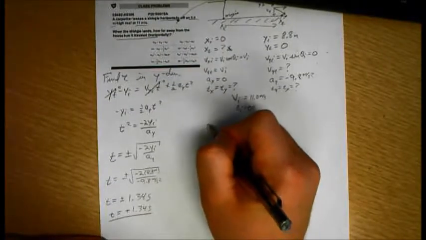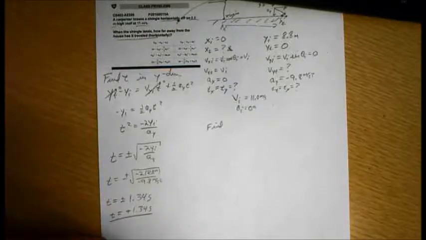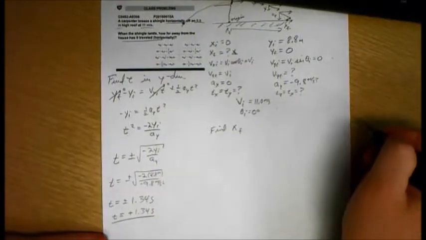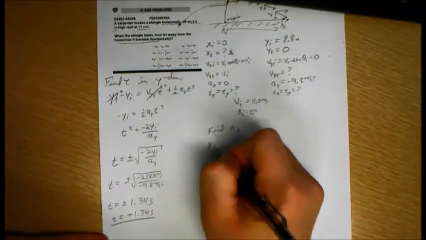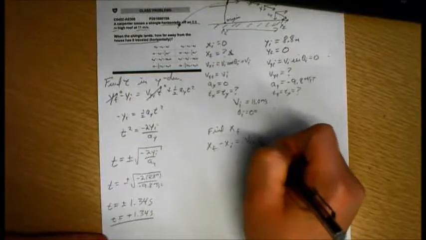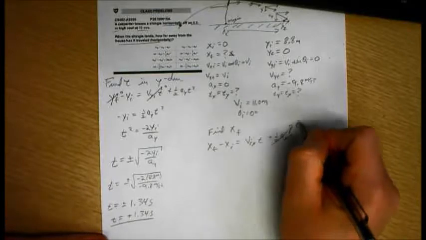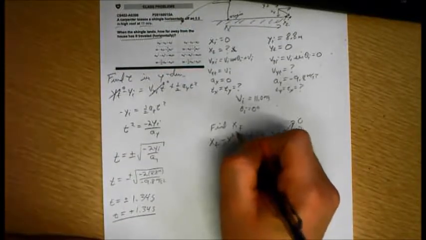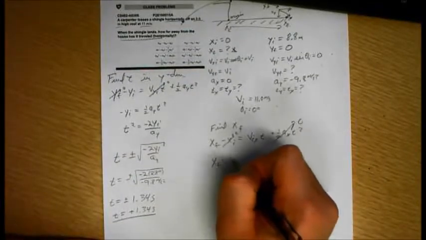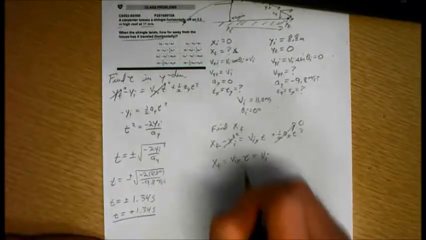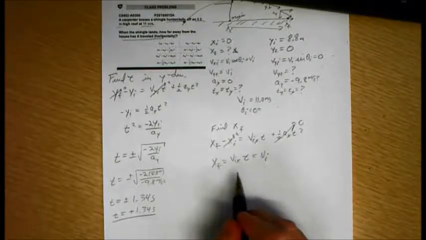Now, find x final. Okay, well, x final minus x initial equals Vix t plus 1/2 Ax t squared. We know the acceleration in the x direction is 0. We know we start at the origin, so x final equals Vix t, which is the same as saying Vi, because the entire initial velocity is equal to the initial velocity in the x direction, times t.